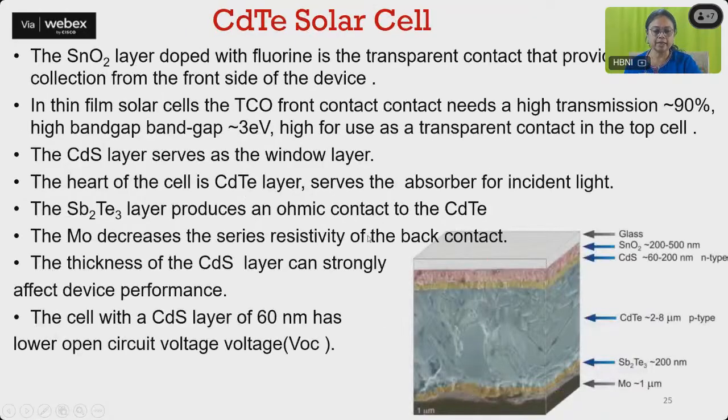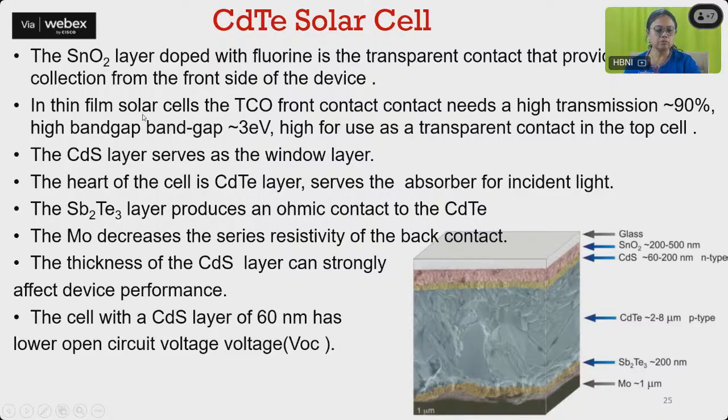So here is a better cadmium telluride solar cell. Here you can see its structure. This is the cross section. SnO2, tin oxide layer doped with fluorine, is the transparent contact that provides current collection from the front side. So we have a glass and then SnO2 doped with fluorine, and its thickness is just 200 to 500 nanometer.